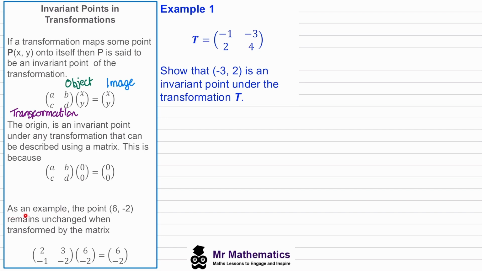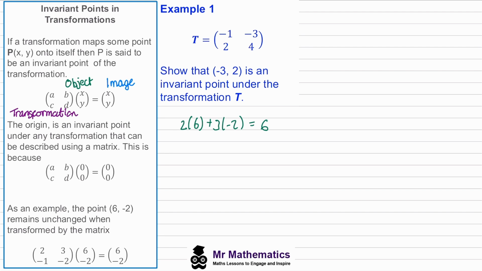As an example of invariant points, the point with coordinates 6 and -2 remains unchanged when transformed by the matrix given here. If we multiply this out, we see 2 lots of the 6 plus 3 lots of -2 gives us 12 take away 6.